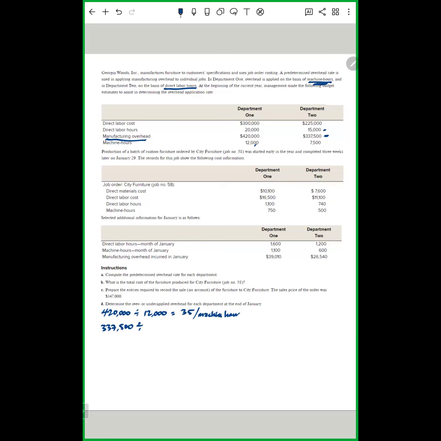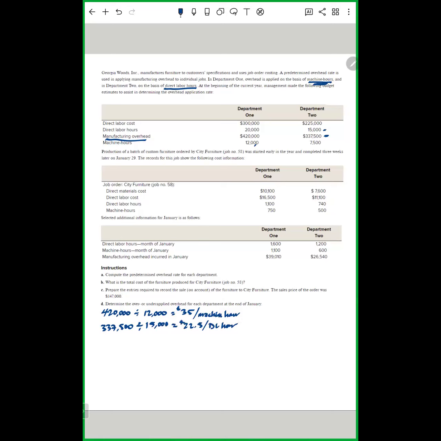So now we're going to use 15,000 direct labor hours. All right, so let's do that math. 337,500 divided by 15,000, and I get $22.50 per direct labor hour. All right, so both of these are money.